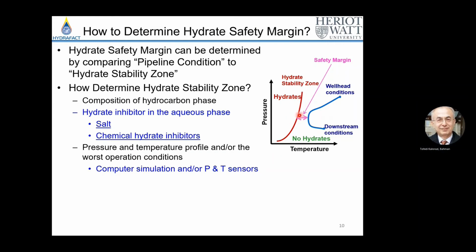For determining hydrate phase boundary, as we said before, you need the composition of hydrocarbon phase that doesn't change much with time, and you need to have the composition of aqueous phase. You need to know the amount of salt and chemical hydrate inhibitor.